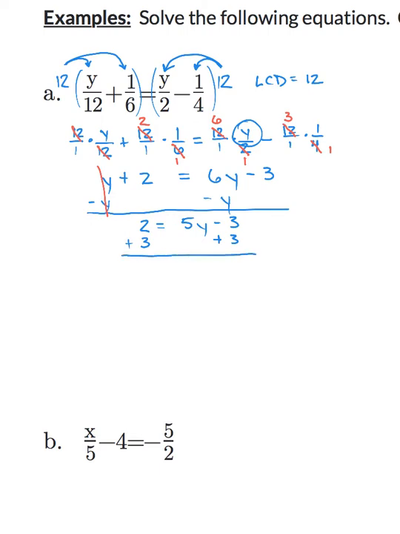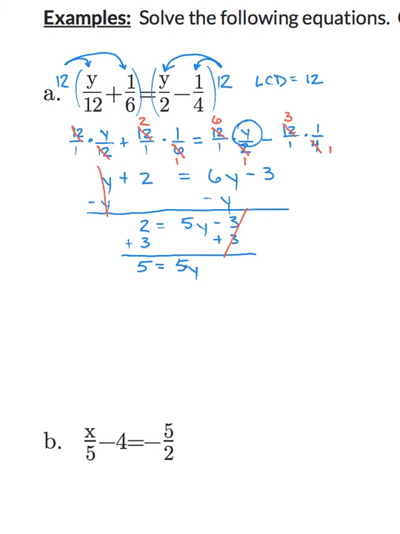So I get 2 plus 3 is 5 equals 5y, and my 3's cancel. From here, to get y by itself, I need to get rid of multiplying by 5.